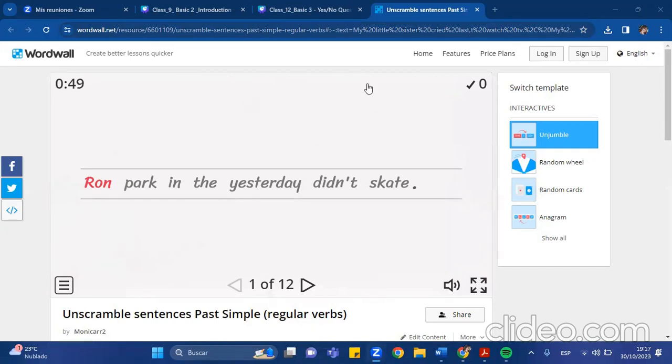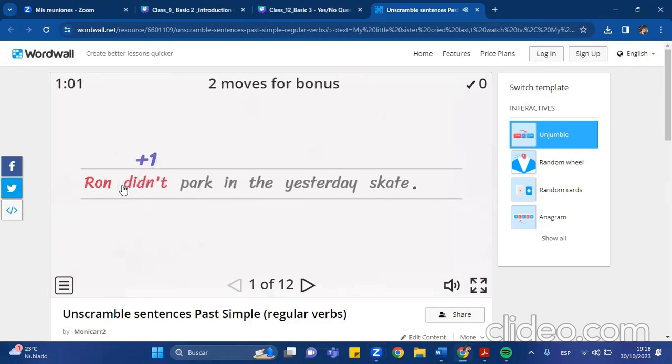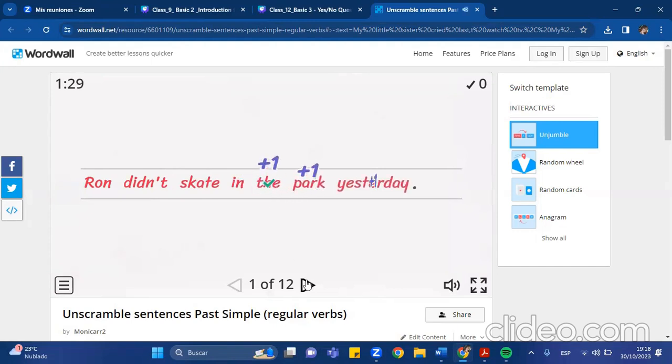Ron, after the subject, what do we need? Didn't. Okay, didn't, yes. Didn't is the auxiliary. And then after the auxiliary, what I need? After the verb. Yes, in this case, which is the verb? Skate. Skate, yes. In the park yesterday. In the park. Good.